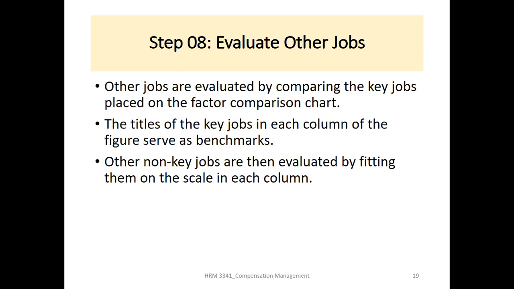Other jobs are evaluated by comparing them with the key jobs placed on the factor comparison chart. Now, there are factors, there are rates, and when we are evaluating other jobs, we can use these key jobs where we located our key jobs as the guideline.